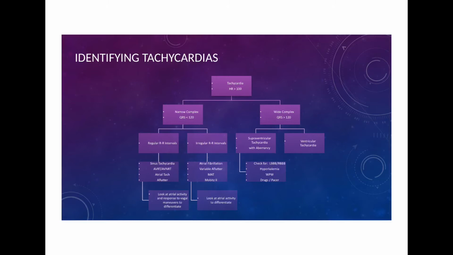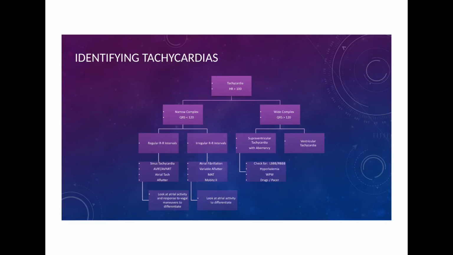If it's regular, your differential is now narrowed down to sinus tachycardia, something called AVRT or AVNRT, atrial tachycardia or atrial flutter, and you're going to be looking at the different P wave morphologies or atrial activity and trying vagal maneuvers, which we'll talk about, to try and figure out which one it is.